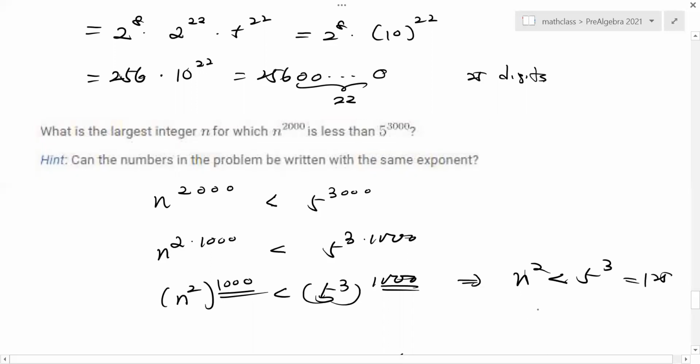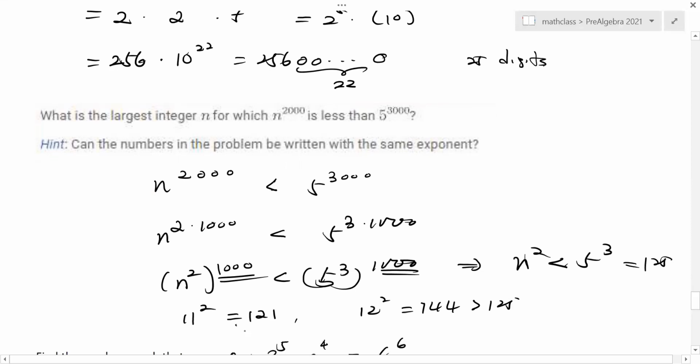So find the largest possible perfect square which is less than 125. I think it's 11. So 11 squared is 121, and 12 squared is 144, which is larger than 125. So that's why this is the answer. N should be equal to 11.